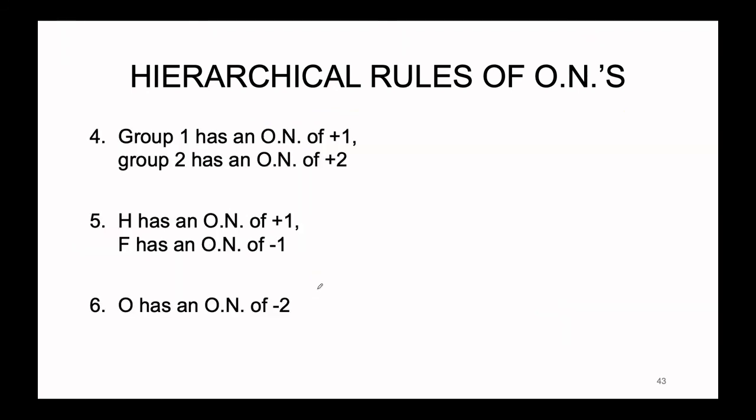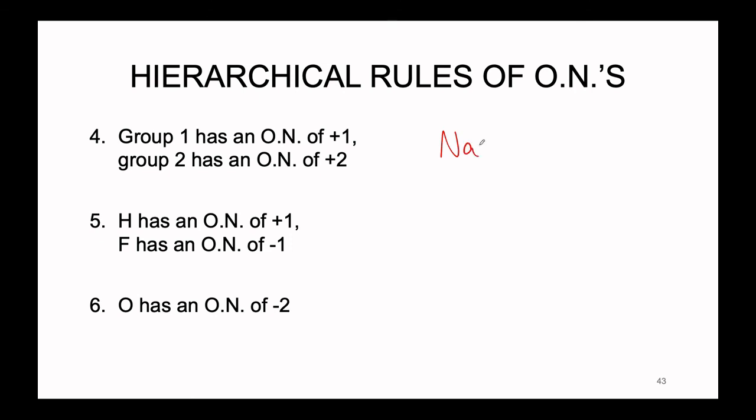All right, here's where we start getting into rules that pertain to specific ion types. Atoms in group number 1 are going to have oxidation numbers of +1, and group number 2 elements will have oxidation numbers of +2. This rule may at times conflict with rule number 1. Let's say for sodium, just free existing sodium.